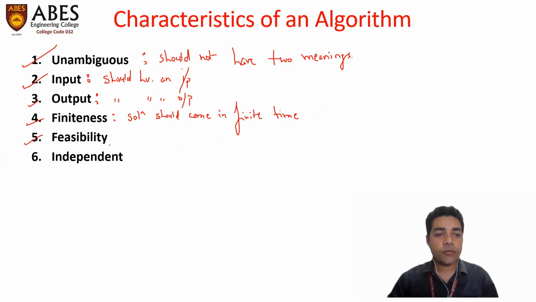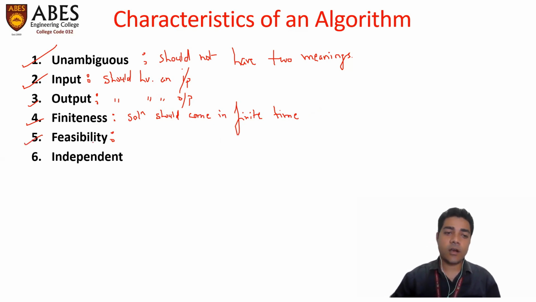And then the solution should be feasible. Let's say I have written an algorithm for how we can launch a plane to Pluto. But it is not feasible right now. So we have to write an algorithm that is feasible. The current machine can handle that problem.